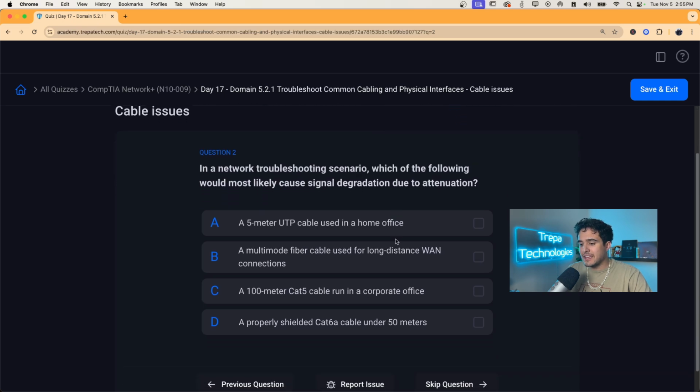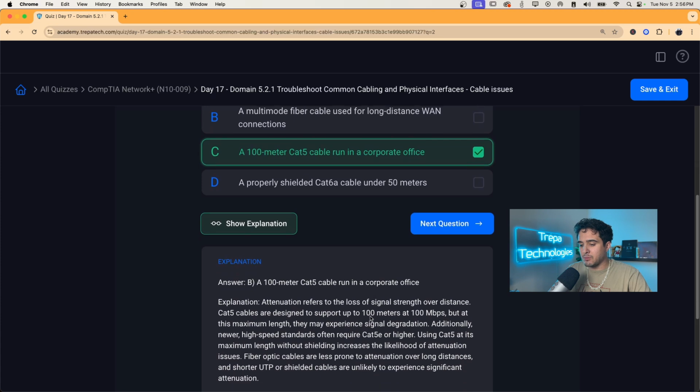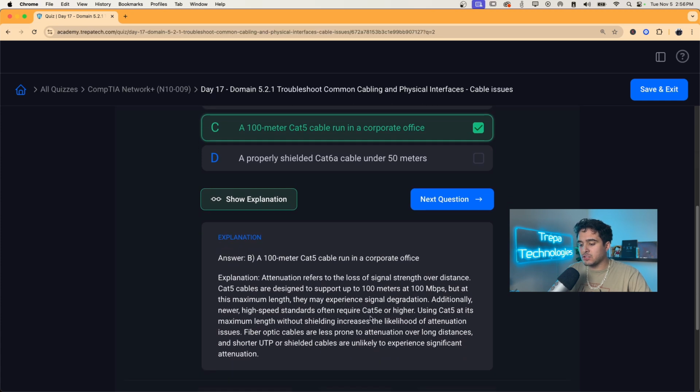Question 2. In a network troubleshooting scenario, which of the following would most likely cause signal degradation due to attenuation? That's going to be C. A 100-meter Cat5 cable run. So attenuation refers to the loss of signal strength over distance. Cat5 cables are designed to support up to 100 meters at 100 megabits, but at this maximum length, they may experience signal degradation.